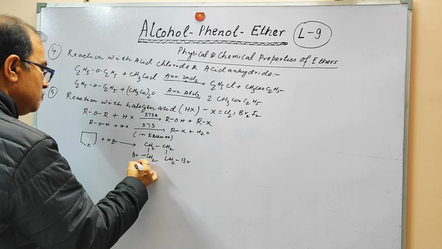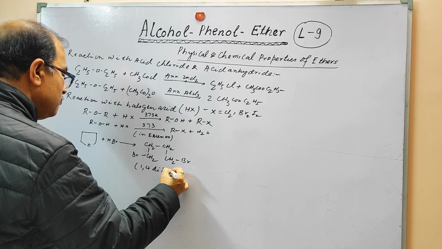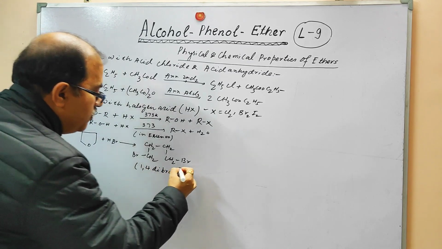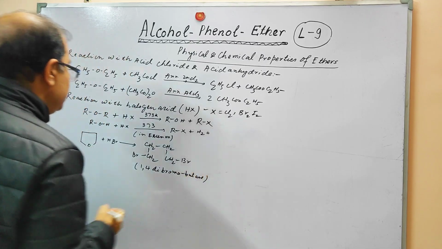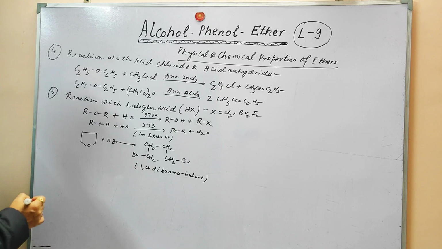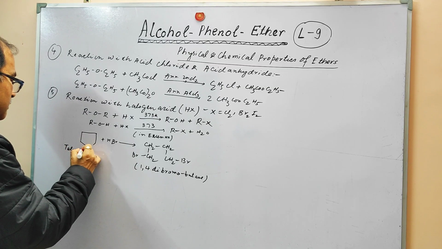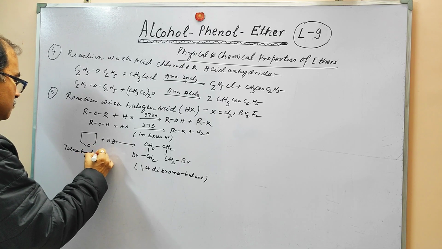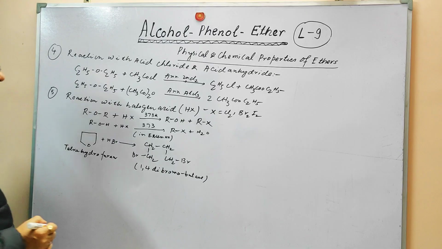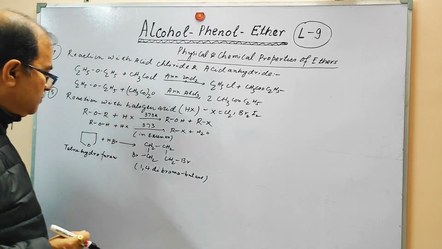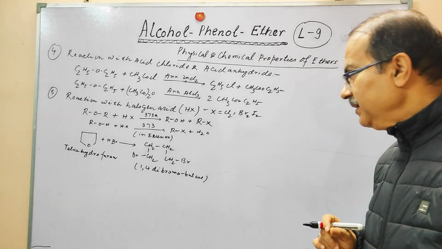So it is 1,4-dibromobutane that you can produce with HBr from tetrahydrofuran, the cyclic ether.